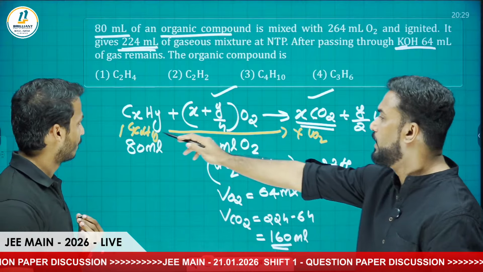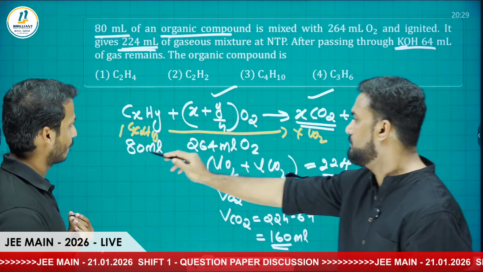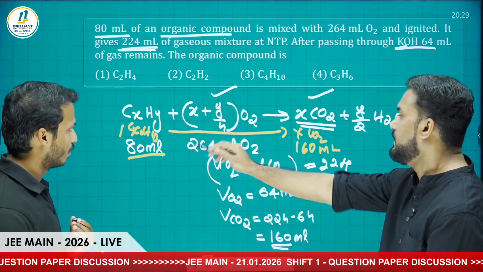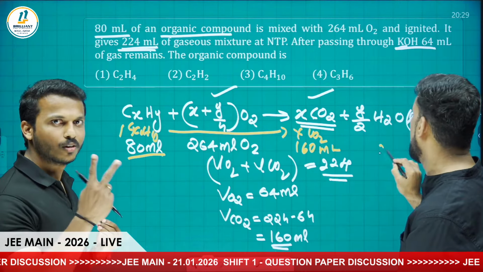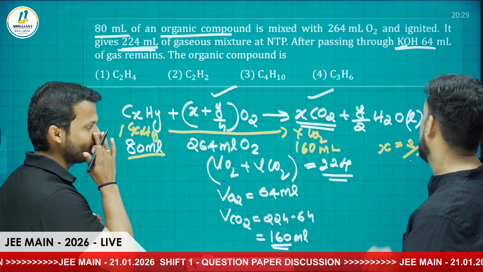From 80 ml, 160 ml carbon dioxide forms. So 80 to 160 means x is equal to 2.